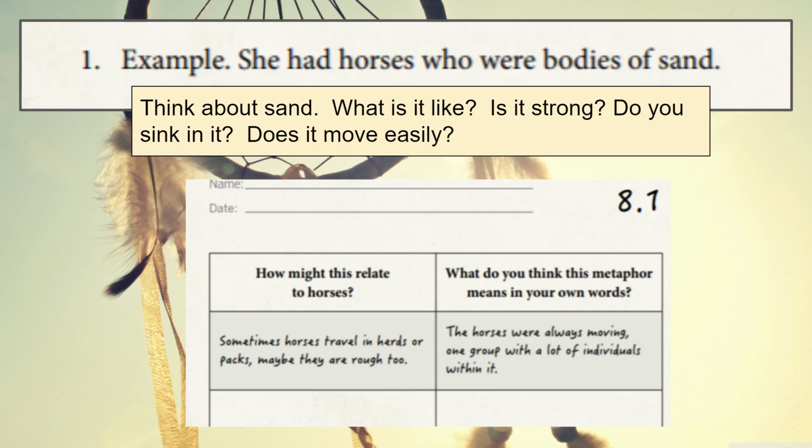especially in the wild. And then the last column is, what do you think this metaphor means in your own words? We've talked a lot about sand, and we've talked about horses, and we have to keep in mind that we're also deep down talking about women. So in this example, she's talking about horses that are always moving. There's one in a group with a lot of individuals within it. We can think about that in a human population.